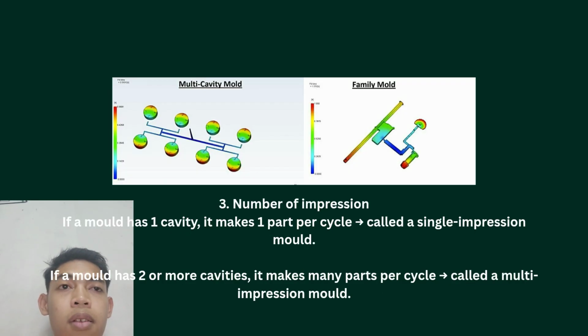The next is number of impressions. If a mold has one cavity, it makes one part per cycle, called a single impression mold. If a mold has 2 or more cavities, it makes many parts per cycle, called a multi-impression mold.